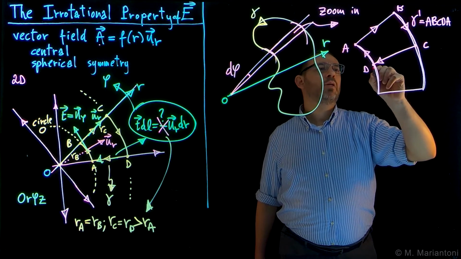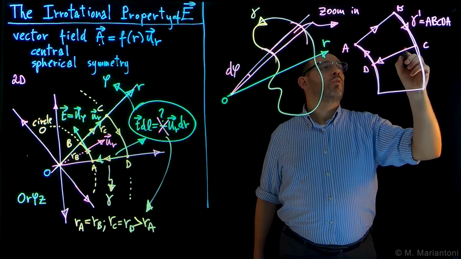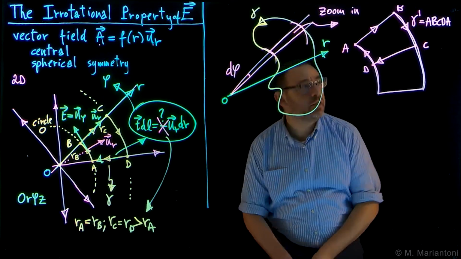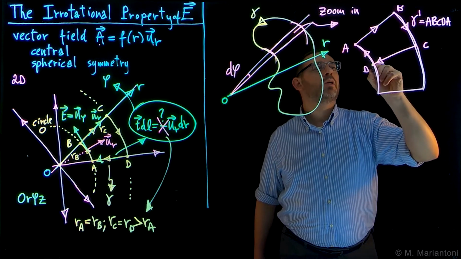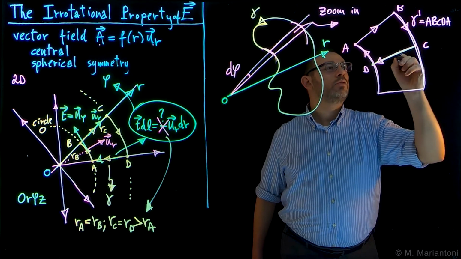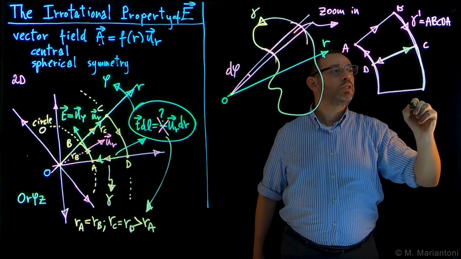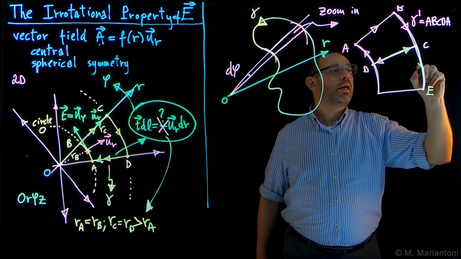We go from D, and let me do this with a different color, so it's clear what's happening here. Let's do this in green. So the other line will be from D to C in this direction, from C to this point, let's call it E, in this direction.